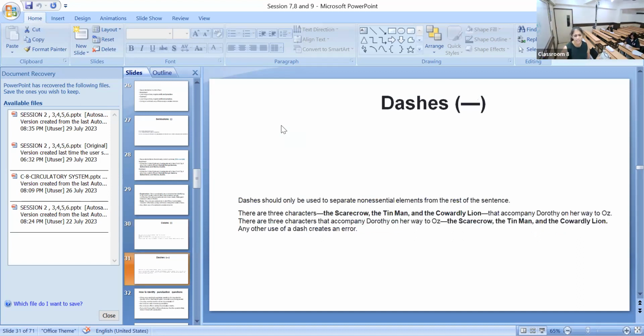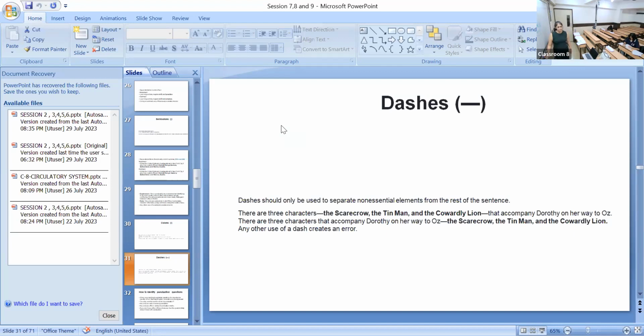So here, the next one, that's a dash. You are supposed to use it only to separate non-essential elements from the rest of the sentence. Please write it.